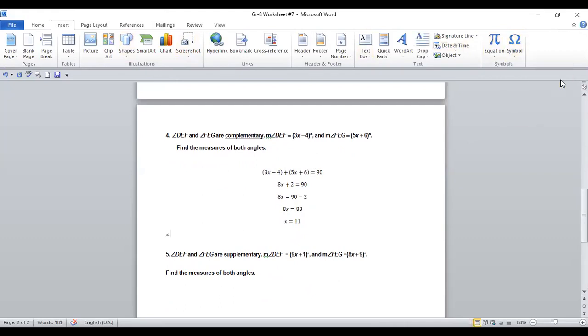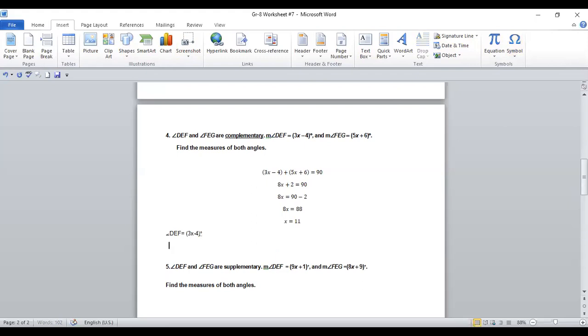Okay, angle DEF is going to be how much? How much did they give? 3x minus 4 degrees. So keeping this in mind, we are just going to substitute the value of x here. So that's going to be equal to 3 multiplied by 11 plus 4.